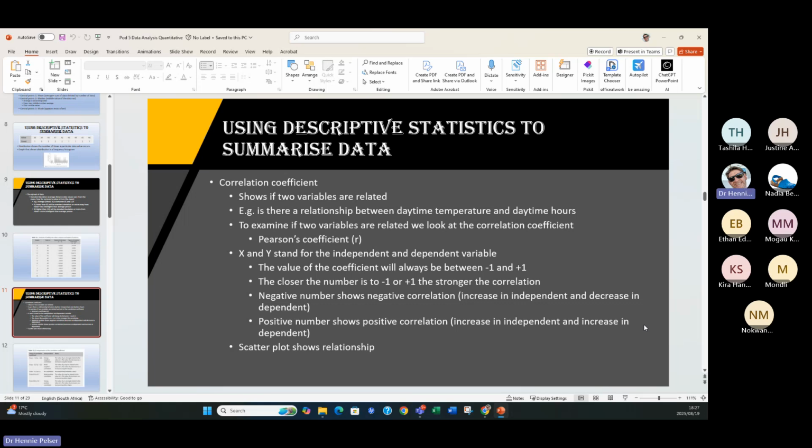Give me other examples where that would happen. Higher the levels of stress when studying for an exam, the lower the results will be. And I'm talking about extreme levels of stress. You're likely to have very low results. Give me other examples where if there is an increase in the independent, there will be a decrease in the dependent.